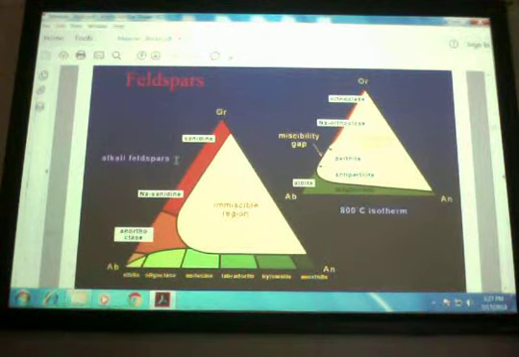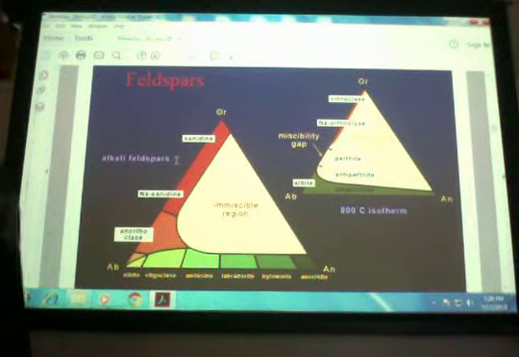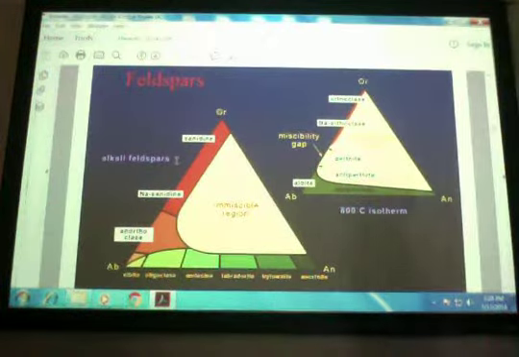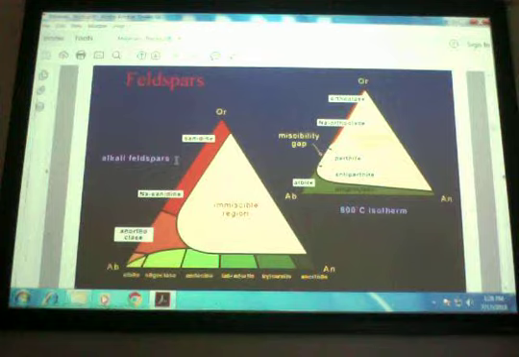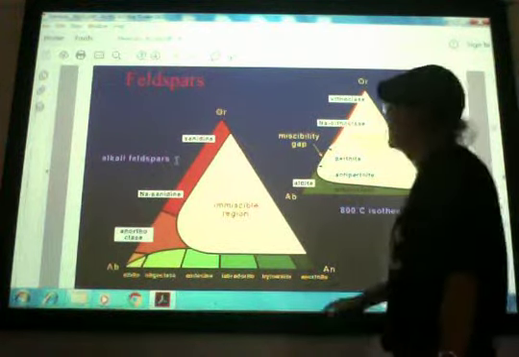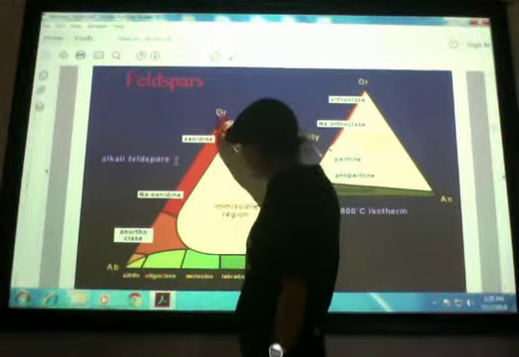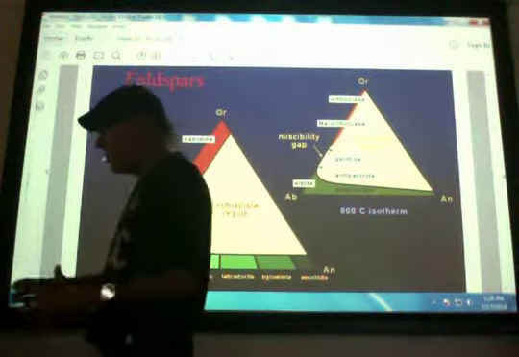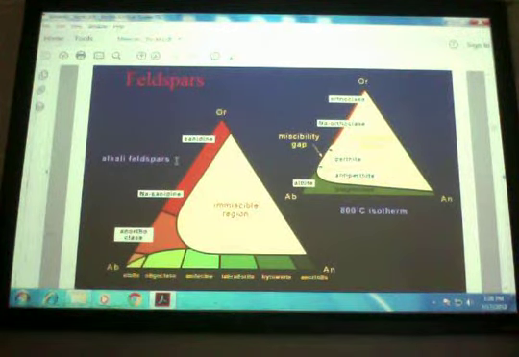So, now we have here the feldspars, and I just showed you here the three feldspars. We have the albite, the anorthite, and the K-feldspar. So in the K-feldspar, that is the orthoclase here in this case, because K-feldspars can be subdivided into the microcline, the orthoclase, and the sanidine.